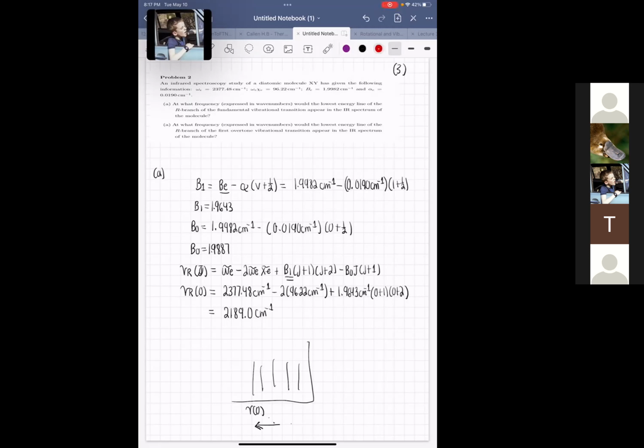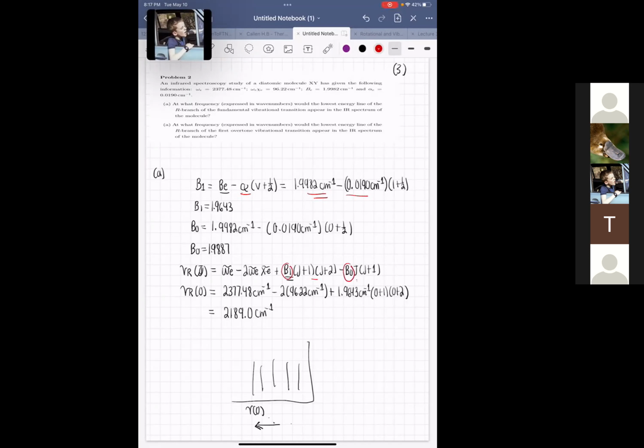So basically alpha and VE. So now you have B1. So basically your overall goal is to use this equation. They give you W, you have to find what B1 is equal to and what B0 is equal to.